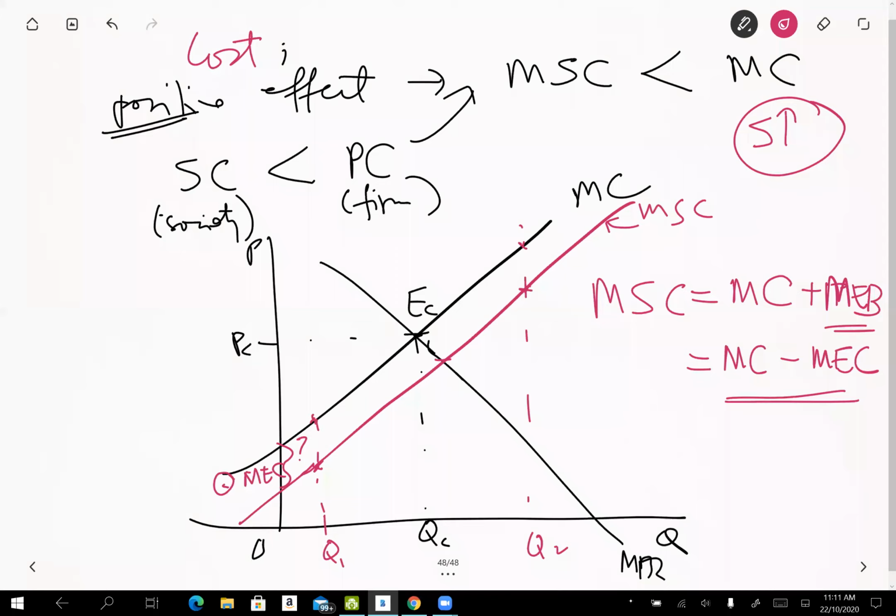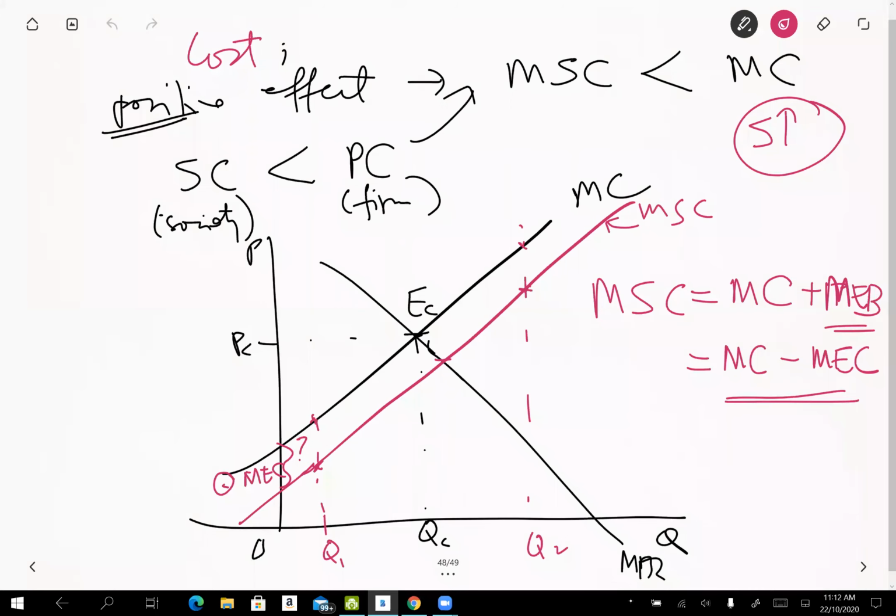Similarly, the bee producer doesn't have to create an apple farm in order to produce the honey from the bees, because they can already benefit from the apple farm. So think of it from that perspective: it reduces the cost to the bee farm.